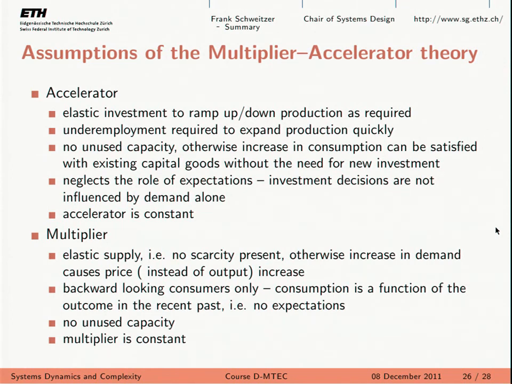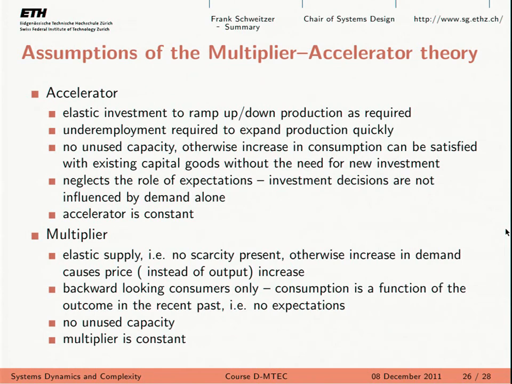You will just use some of this unused capacity. So there would be no new investments, yet you will be able to produce more. And this is only possible if there is unused capacity. Therefore, the accelerator concept assumes all capacity is utilized at all points of time, which is again not perfectly realistic.